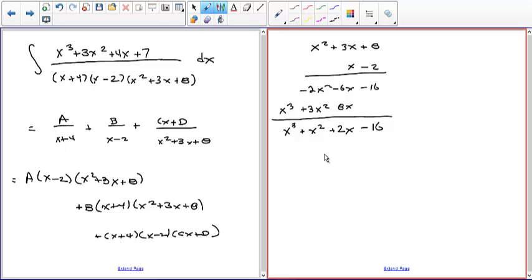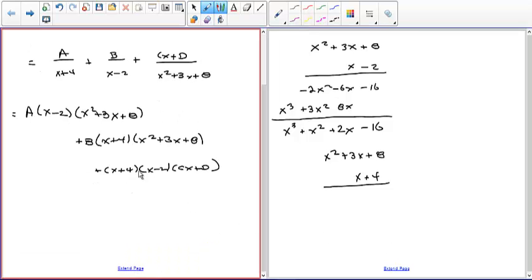So the next one would be x squared plus 3x plus 8 times x plus 4. Do the same thing there. And then the last one, what you'd have to do is multiply this out.